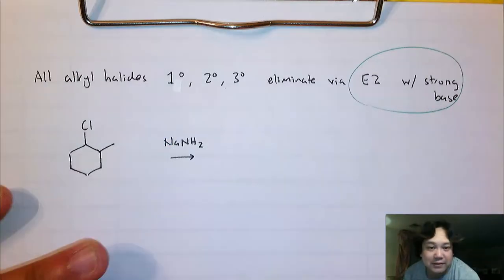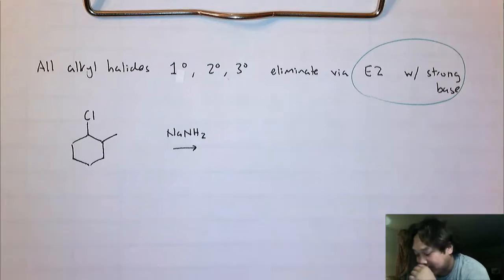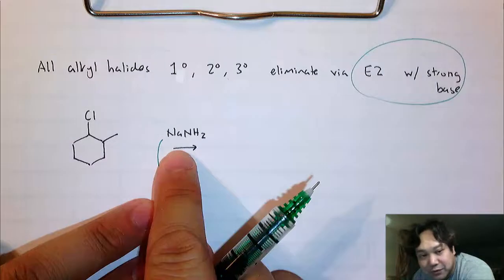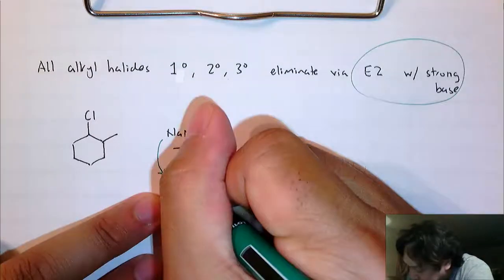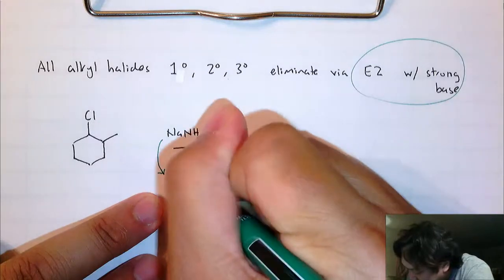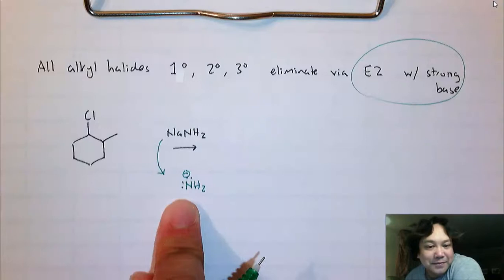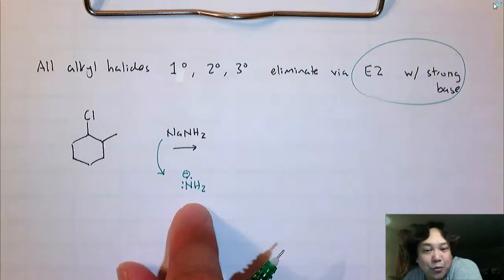Okay, so this is not an oxide. You still have to recognize this as a strong base, because why? Because when you put this in solution, the sodium plus dissociates, and look what you're left with. You know why that's a strong base? Because the conjugate acid is so weak.